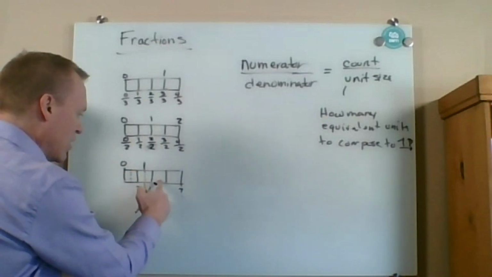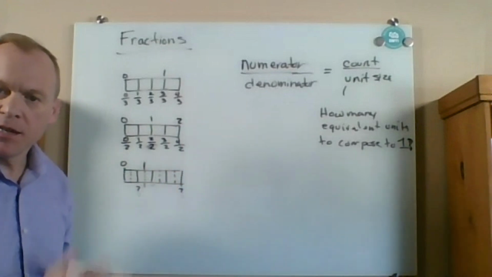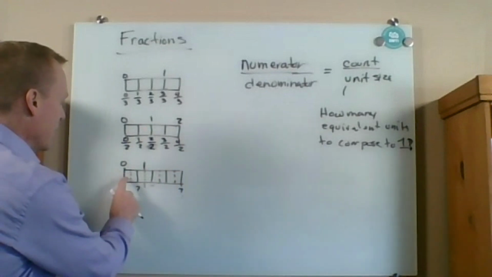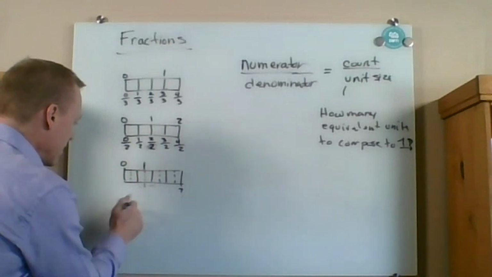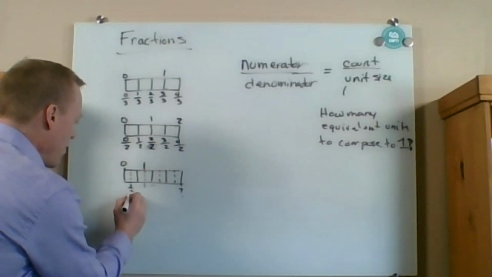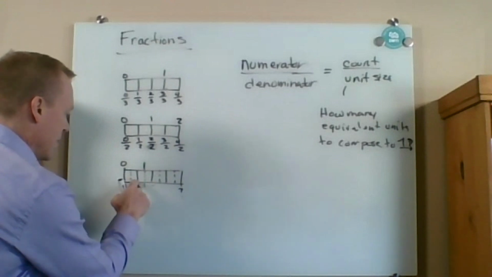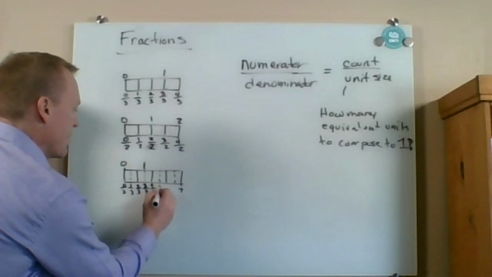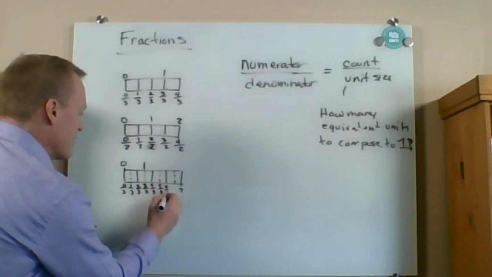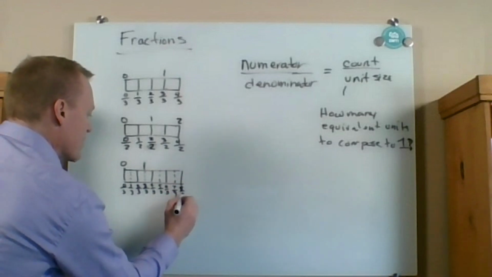So we have to have all equal sections. So we partition all of those in half. Now we can count and go 1, 2, 3 to get to 1. So each of these little sections here, that would be a 1/3, 0/3, 2/3. Here, this was 3/3, 4/3, 5/3, 6/3, 7/3, and 8/3.